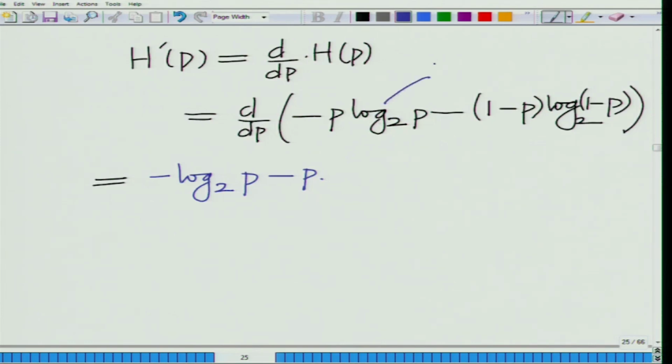I can write this as log p to the base e, that is a natural logarithm, times log e to the base 2, so that is minus p times, well, log p to the base e, if you differentiate it, that becomes 1 over p times log e to the base 2, correct.